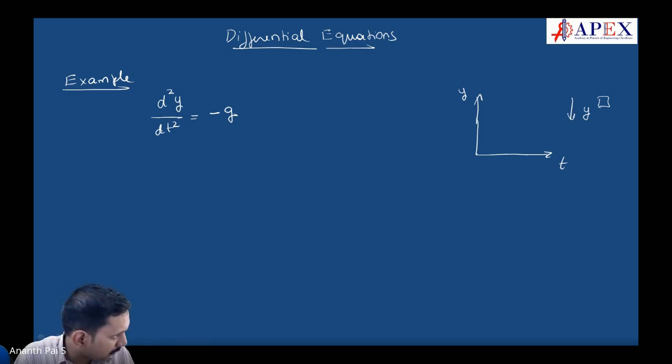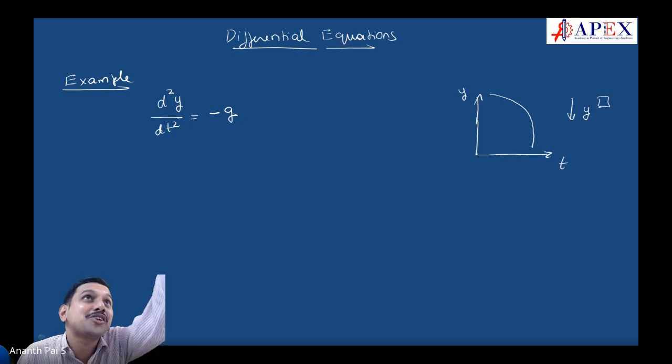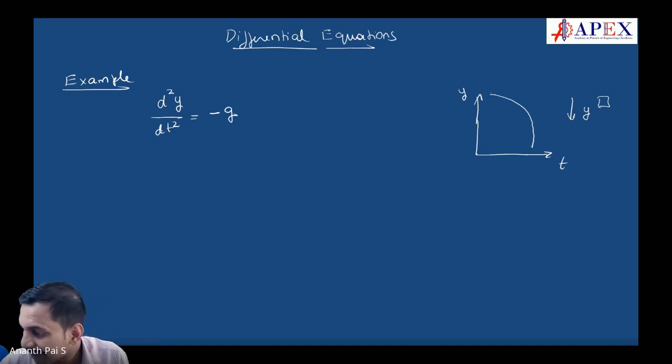As it comes down, y will reduce, correct? Is the graph going to look like this? What is the equation of the graph of y and t? If you say it is dropping, fine, it's understood. But how do y and t change? That is one thing we have to understand.